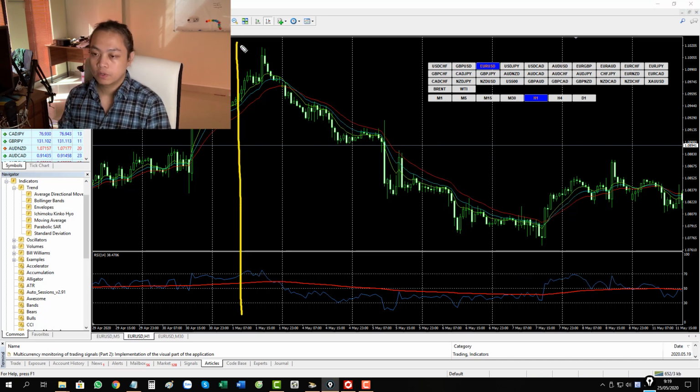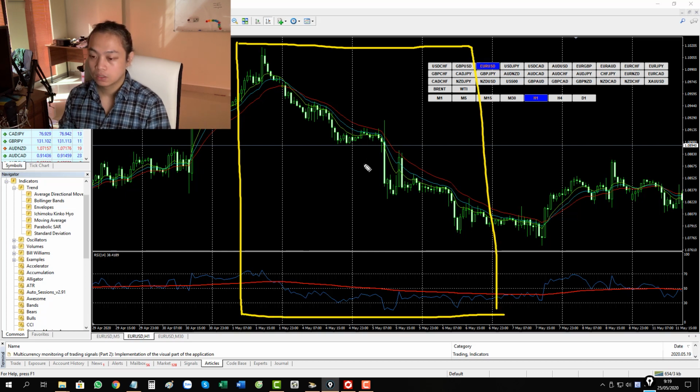Within this period, you can see that we have a downtrend here, right? So first criteria, the market is trending, check. The second criteria is RSI under the moving average, yes, check. The final criteria is we wait for the RSI to come closer to the moving average, to the 50 level, and we place a sell order in this case because we have a downtrend here.